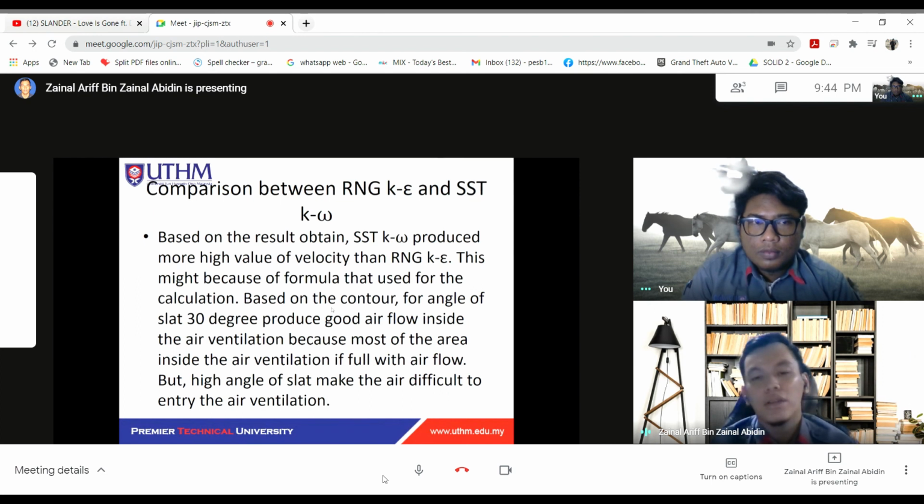And based on the contour results, the 30 degree slant angle produces good airflow inside the air ventilation because most of the area inside is full of airflow. But a high slant angle made it difficult for air to enter the air ventilation.